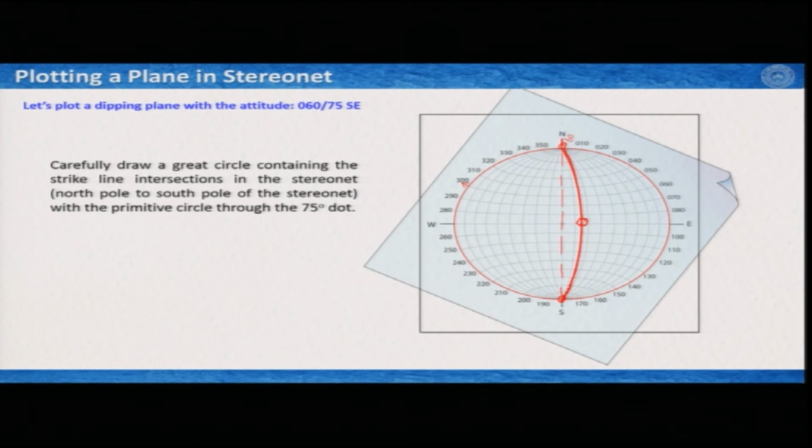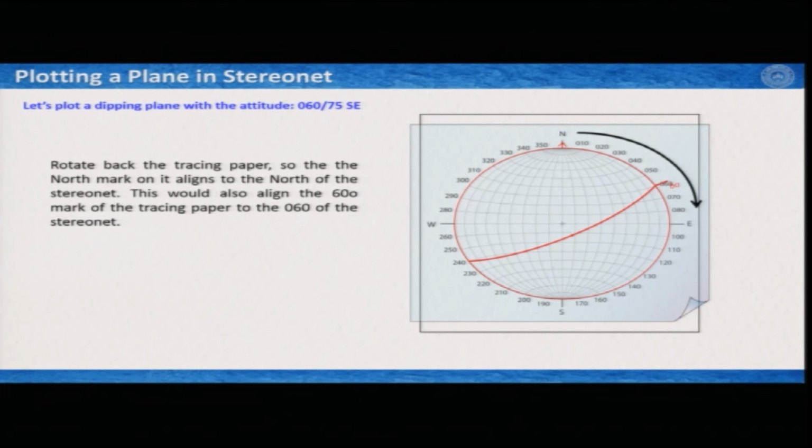Now, your task is to rotate the stereo net back again and align your north mark on the tracing paper to the north mark of the stereo net. Doing so, your 60 degree mark on the tracing paper would also align to the 60 degree mark of the stereo net, and the great circle that you have drawn in the previous step would appear like this, and this is the projection of the dipping plane 60 degree 75 degree southeast.